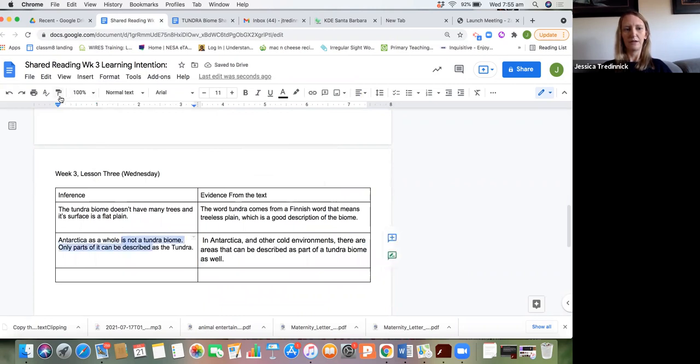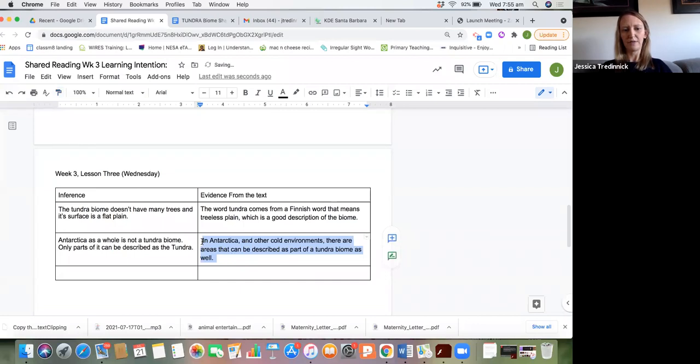And then just to make it look all the same, we change it there. So now my next inference is that Antarctica as a whole is not a tundra biome. Only parts of it can be described as the tundra. In Antarctica and other cold environments, there are areas that can be described as part of the tundra biome as well.